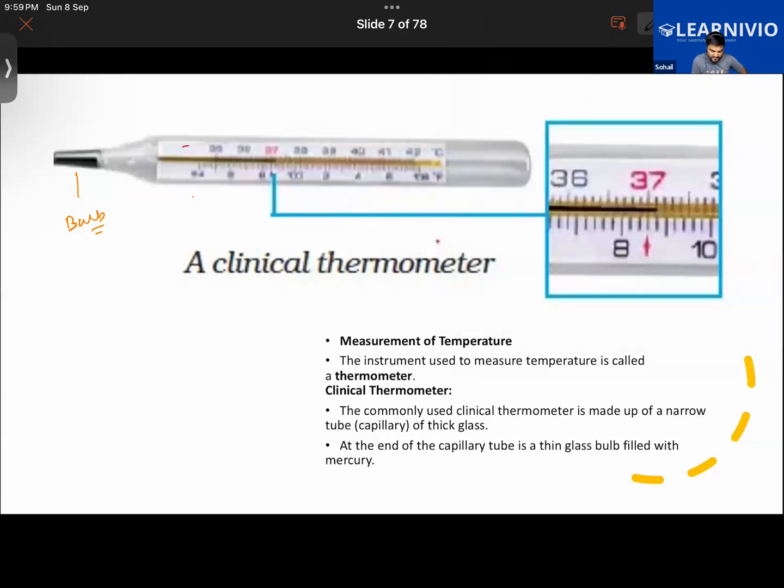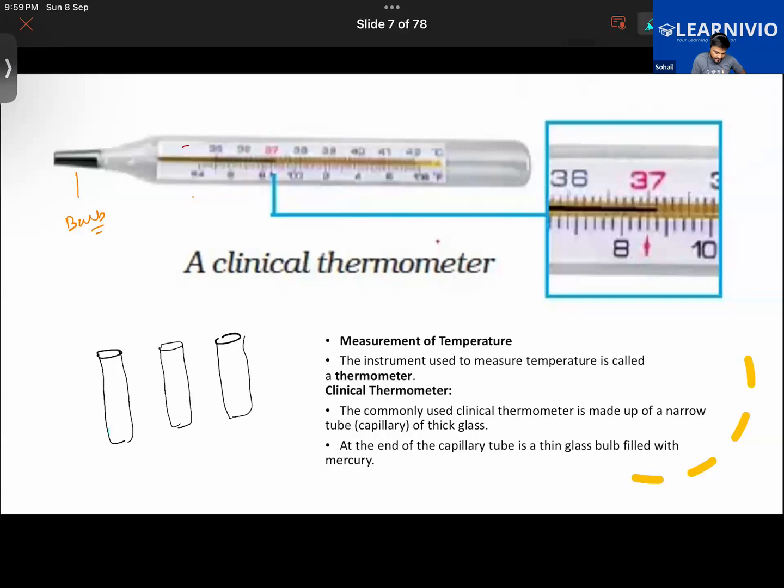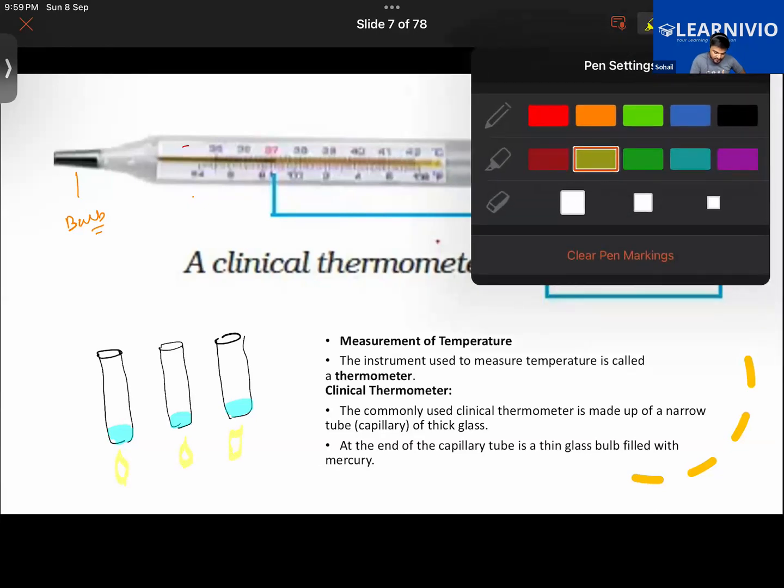Let us say we have taken several containers of the same size, and each of them contains some mercury, and you are heating all of them to an equal temperature of 40 degrees Celsius.